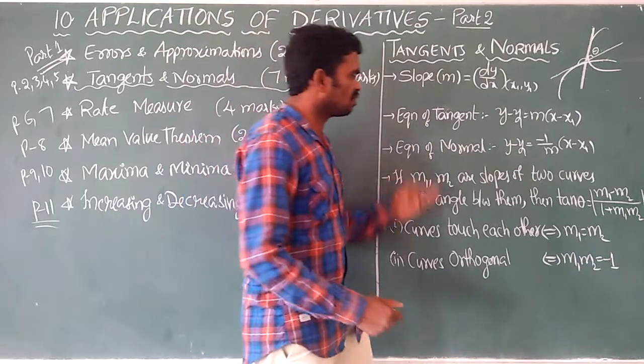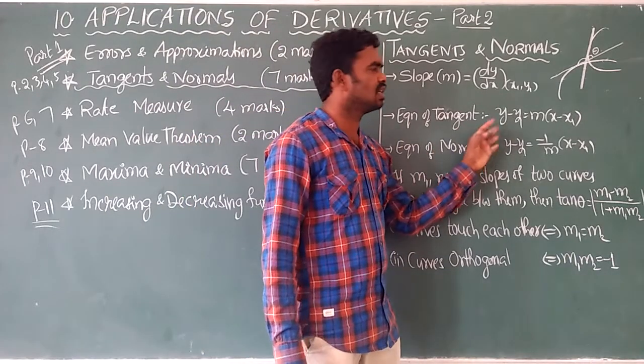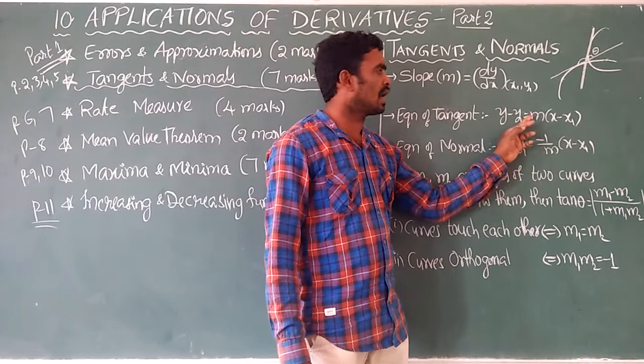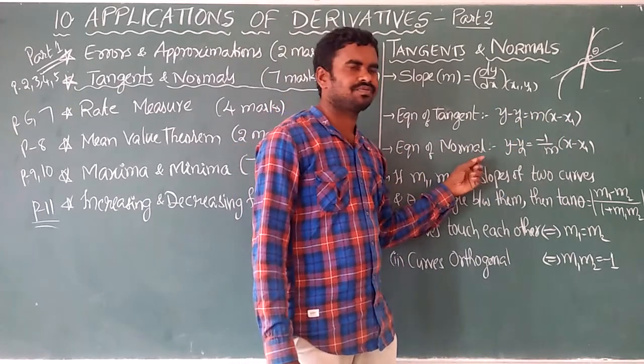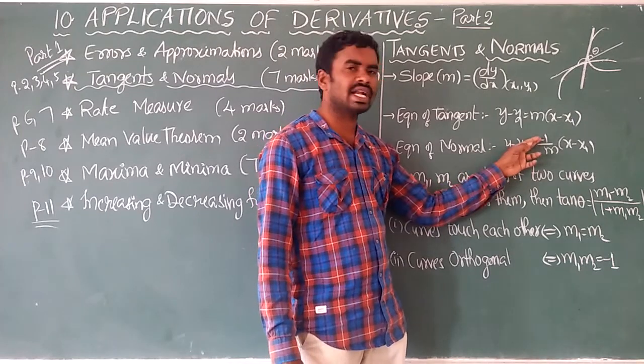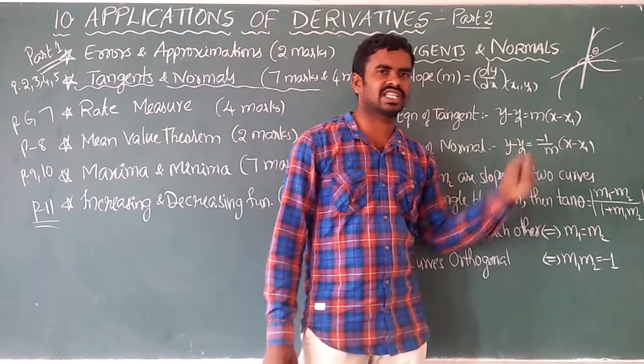Next, some formulas. Equation of tangent: y minus y1 equals m into (x minus x1), and equation of normal: y minus y1 equals minus 1 by m into (x minus x1).